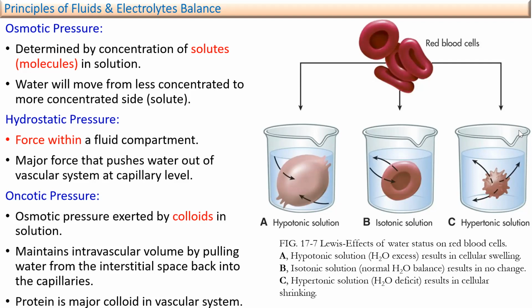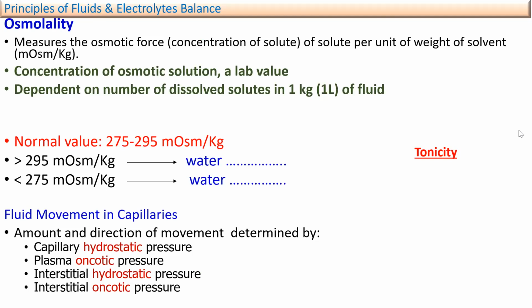The proteins, including albumin, prealbumin, and all different types of proteins, are the major colloid in the vascular system that will maintain the fluid within the vascular system because they pull the water into the blood vessels.